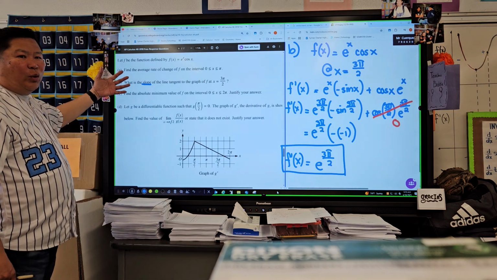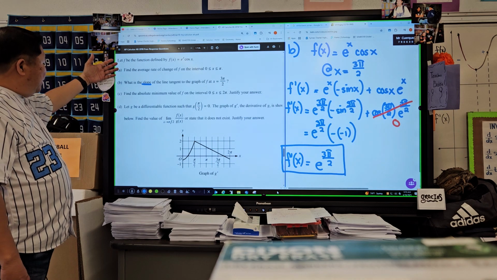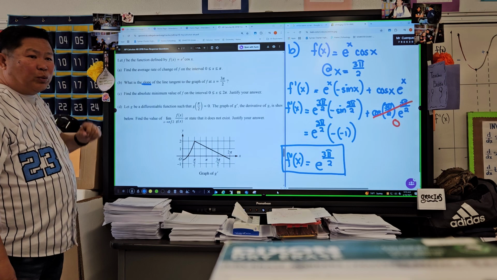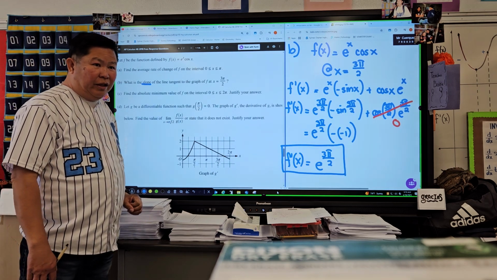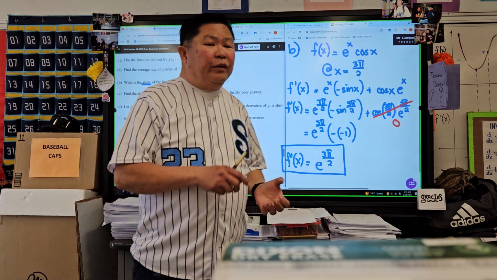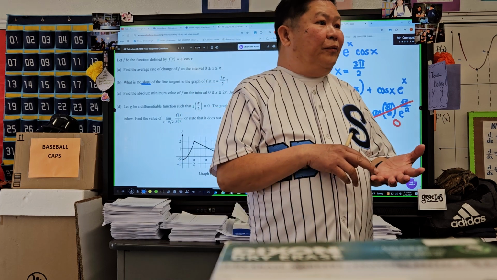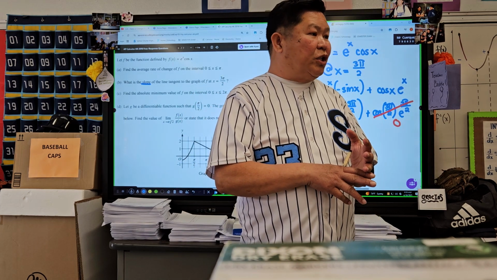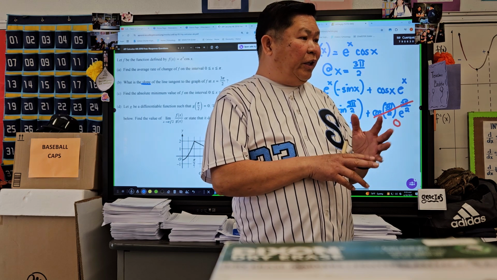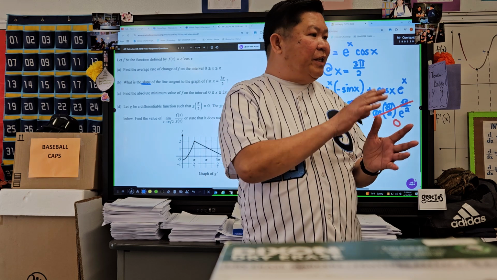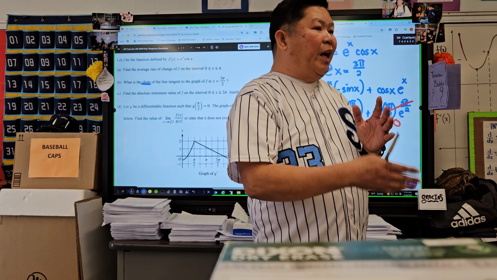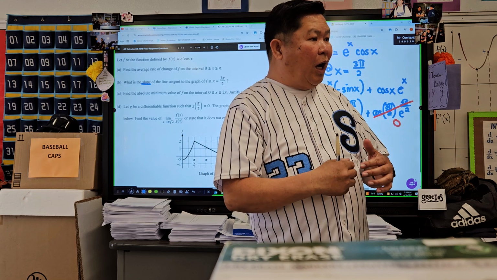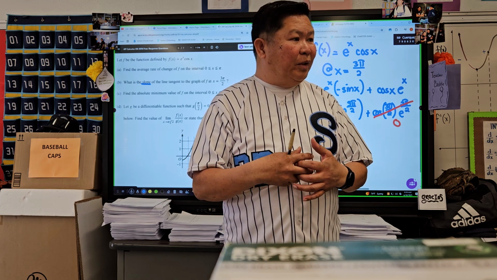Now, in the actual AP, the entire problem with parts A, B, C, and D is worth 9 points. There are 6 free response questions, and each has corresponding letters A, B, C, or A, B, C, D. So the 9 points is prorated depending on how difficult the problem is.